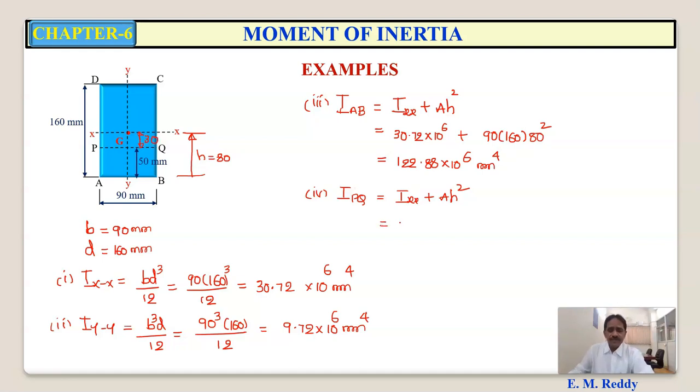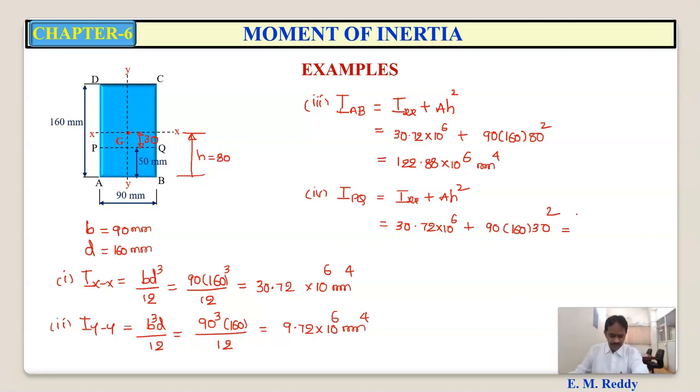So this is equal to 30.72 into 10 raised to 6 plus area of the section, the same 90 into 160, but here h is 30 square.